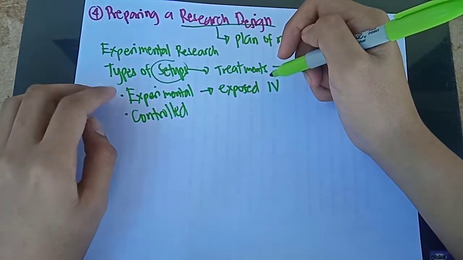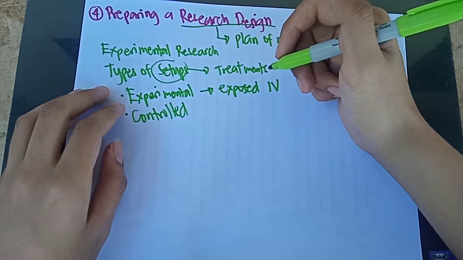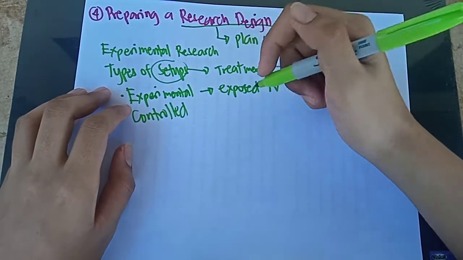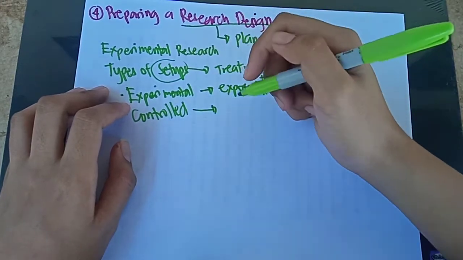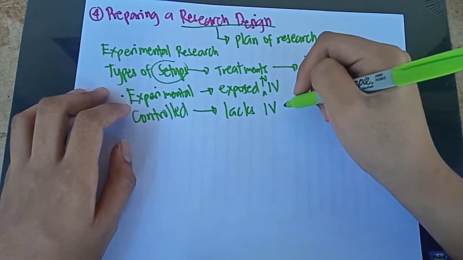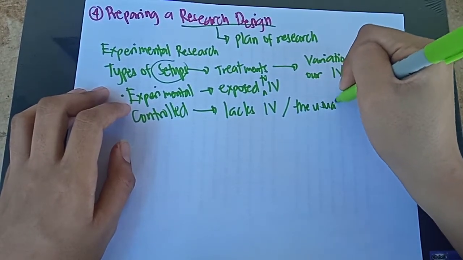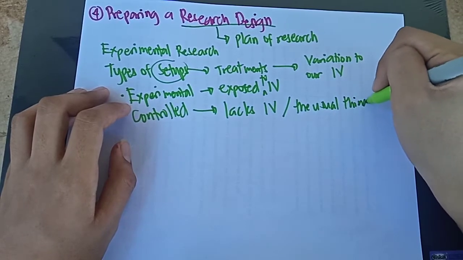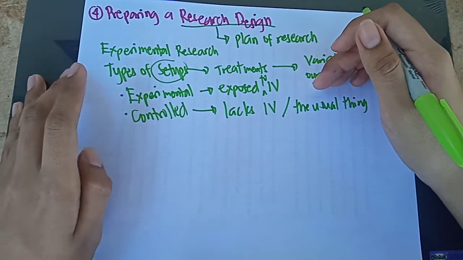Meaning to say, experimental setups is where we manipulate the independent variable. Okay? While in the controlled setups, these are the setups that lack the use of the independent variable. Meaning to say, it is the usual thing that we use, without the use of the independent variable.